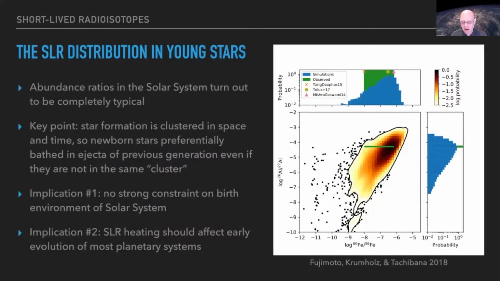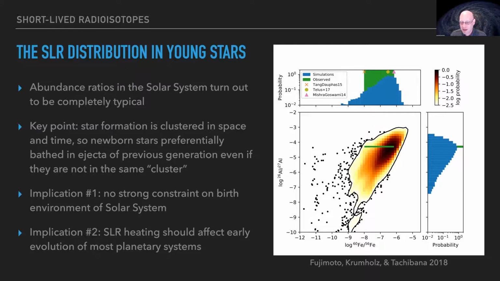In the plot on the right, I'm showing you the joint probability distribution of the iron-60 and aluminum-26 abundances. All right, so the colors are showing the probability density, and the green is showing measurements of primitive solar system objects. And what I want you to notice is that that green band slices across the full maximum of the probability distribution. In other words, the solar system actually has totally typical abundances.